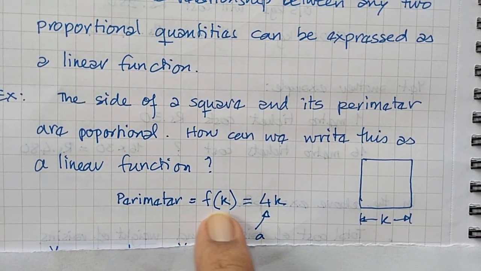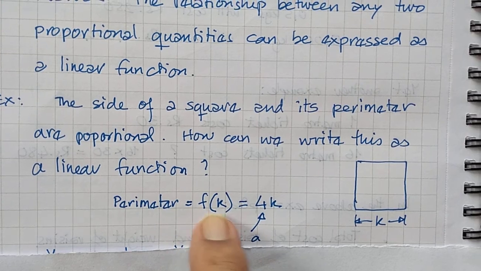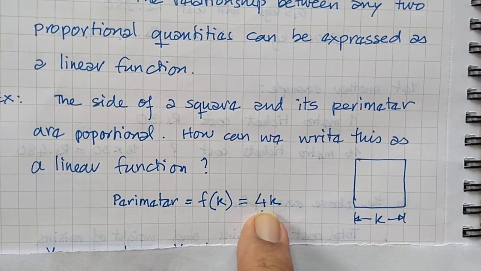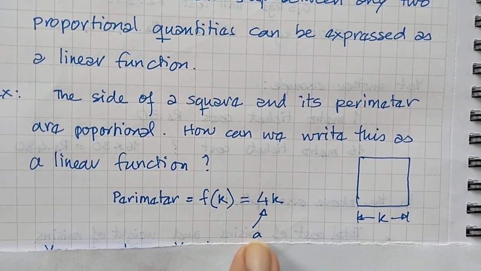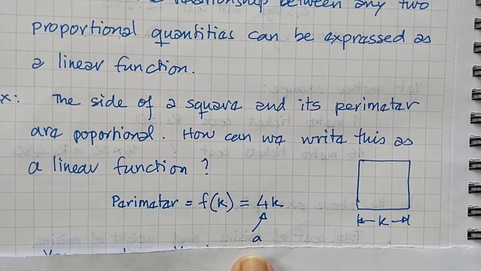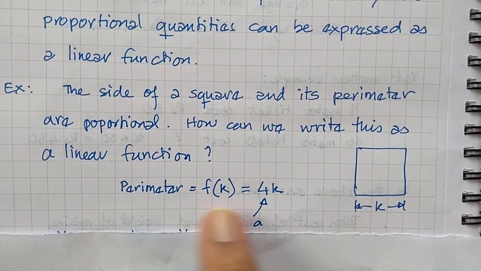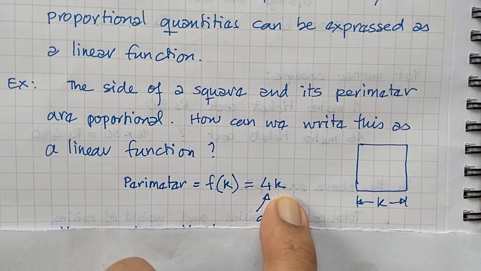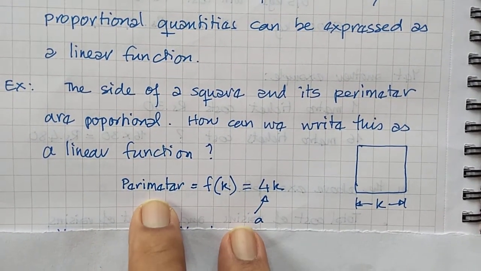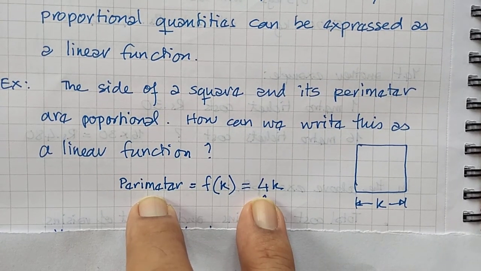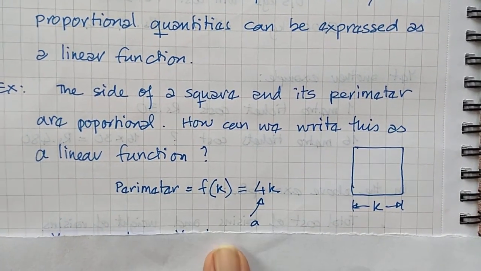Perimeter is a linear function of k, so it's written as 4k. Here this 4 is our a. Okay, so if you write this, perimeter is equal to 4k, whatever value of k you put in, you will get the perimeter just by multiplying by a, which is 4 in this case.